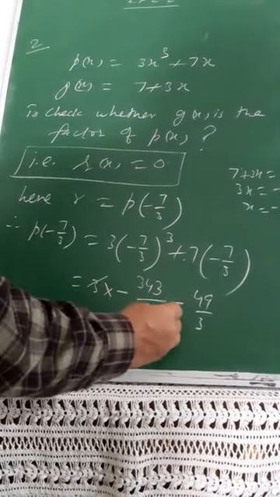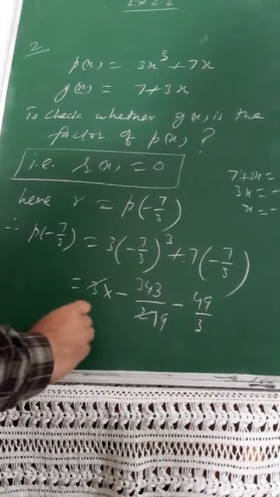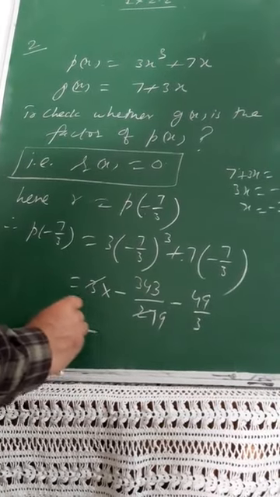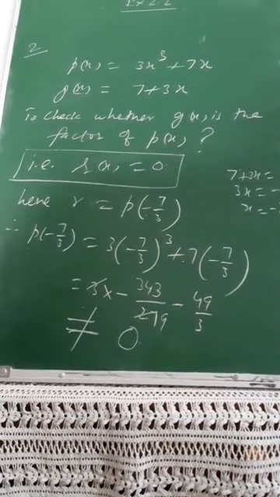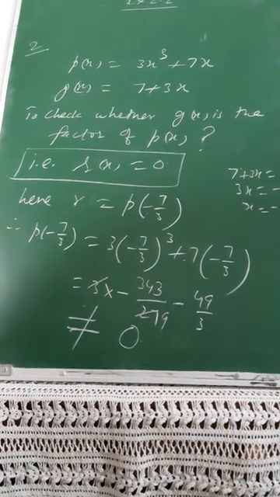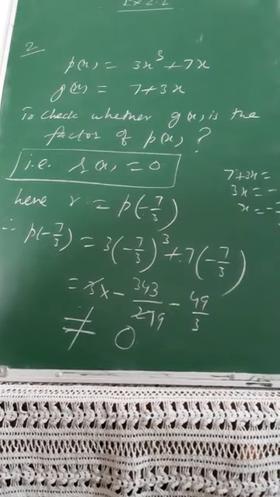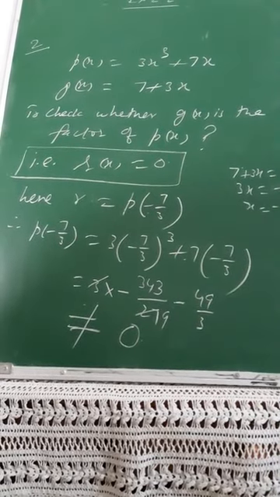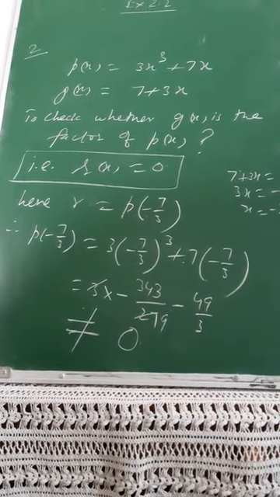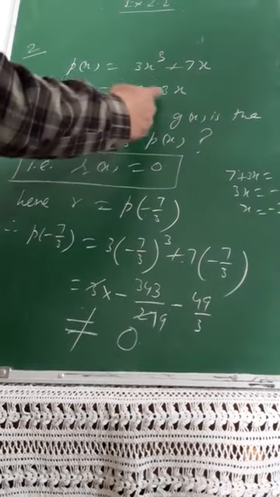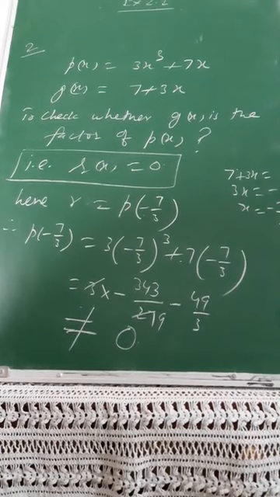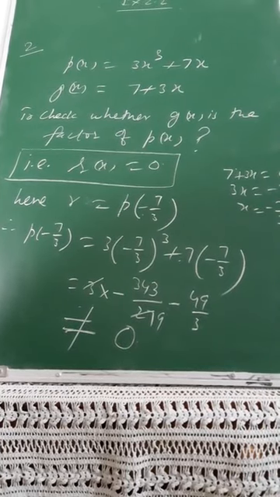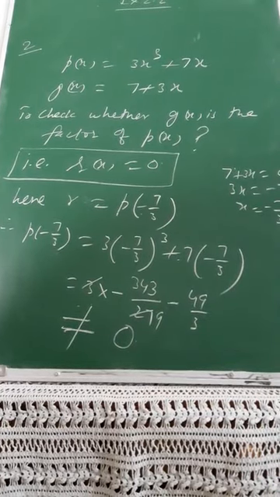So do not go for long calculation, nothing is going to be 0 over there. Simply here, without doing any further calculation, you write which is not equal to 0. That is very clear from these two terms. When both are carrying negative sign I have to add, and that does not make it equal to 0. So hence your g of x, that is 7 plus 3x, is not the factor of p of x. So that is the application of your factor theorem.